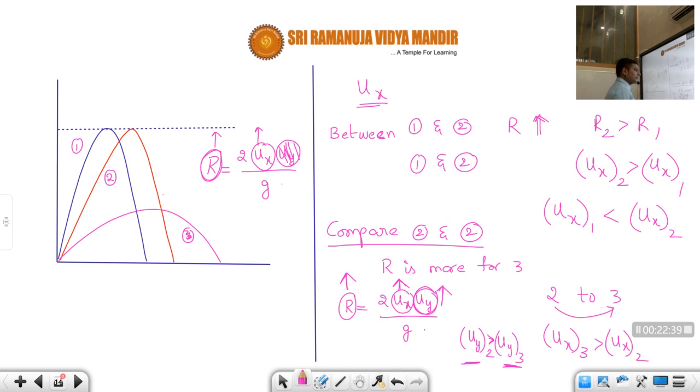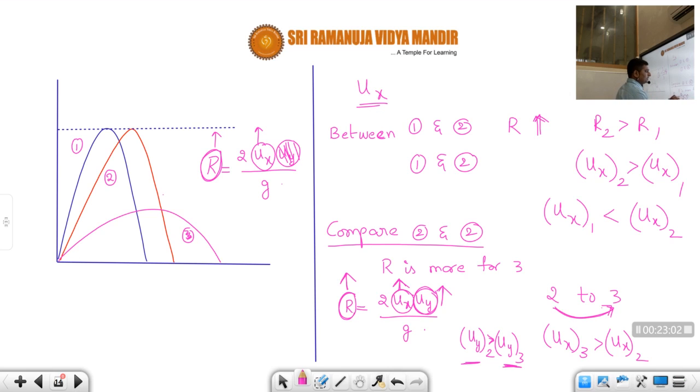Please pay attention, students. Uy of 2 is greater than Uy of 3. The y component for the second projectile is more than the y component of the third projectile. But the range should increase as you are going.